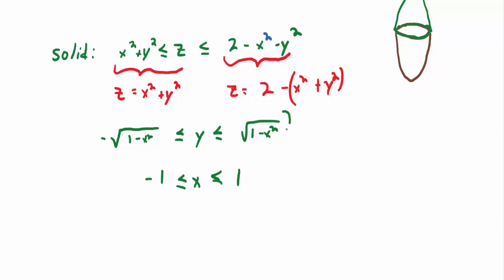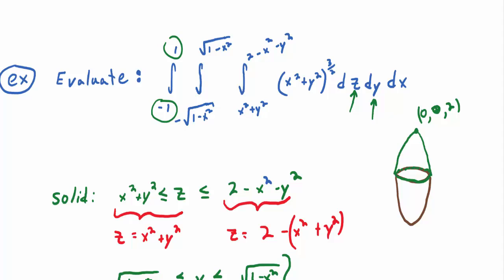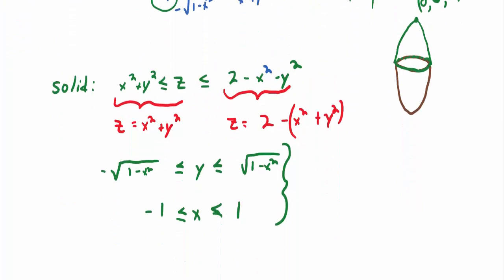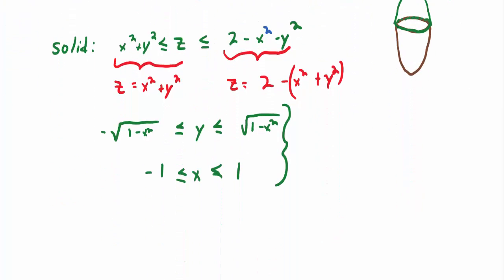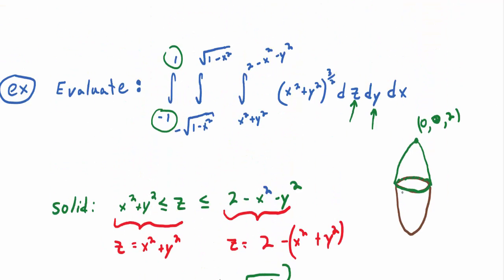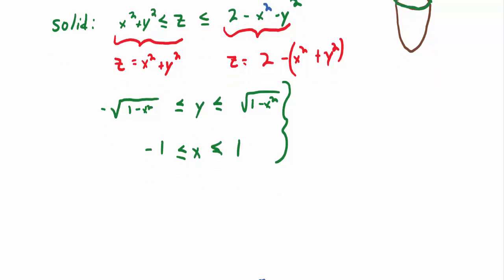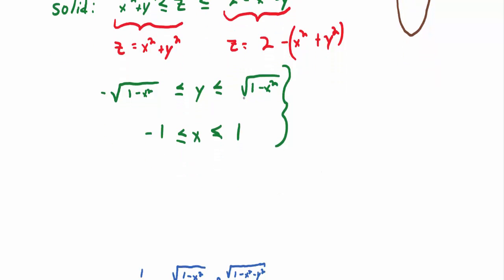So together, what do these describe? Imagine looking straight down on this egg-shaped solid. What's going to get projected down is the disk, and the outer part of the disk will be this curve of intersection. And actually that curve is going to turn out to be the circle of radius 1.